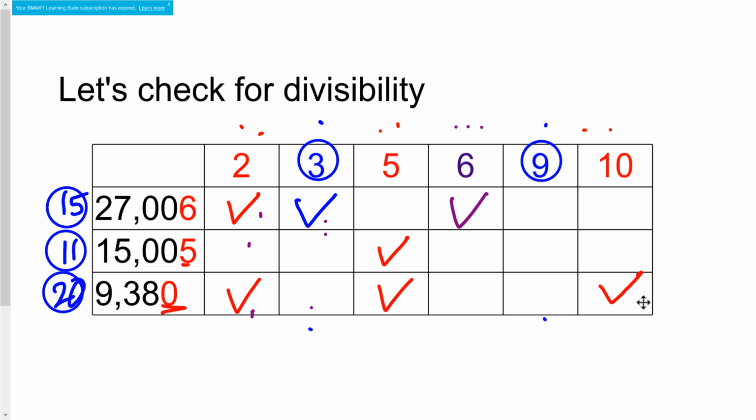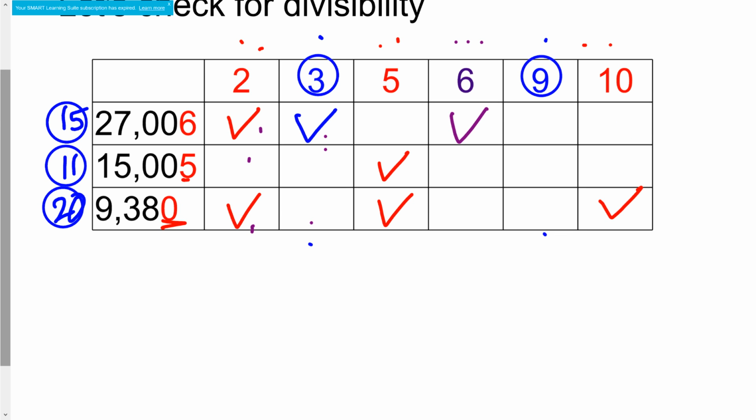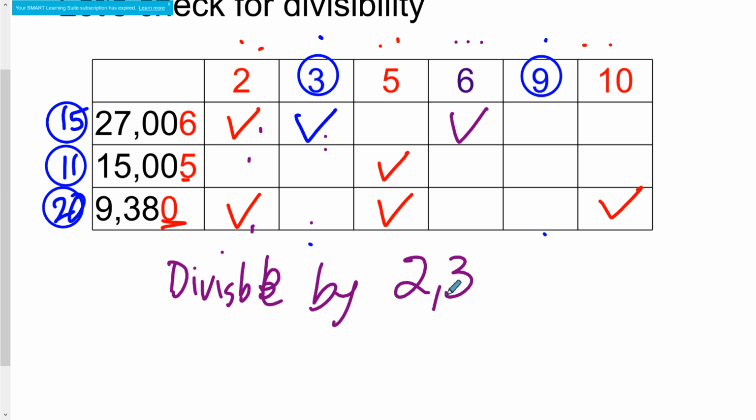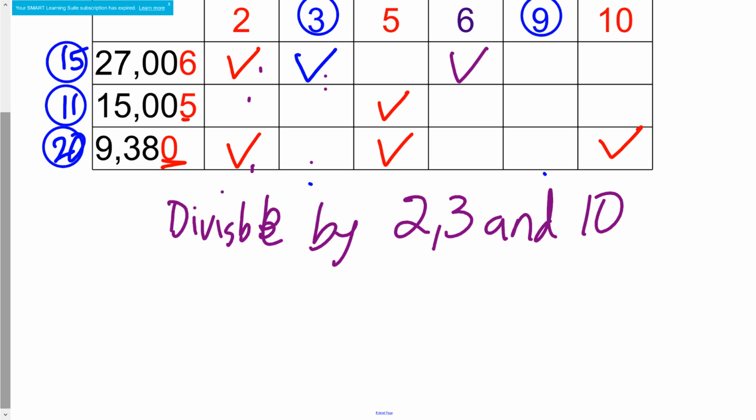Now, one last thing I can do when I am doing divisibility is I can try to make a number. Let's say I decide I want to make a number that's going to be divisible by 2, 3, and 10. Well, I want to look at what I know about the rules. 2 and 10 are last digit rules.